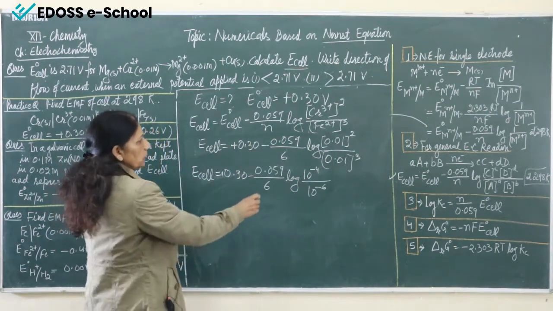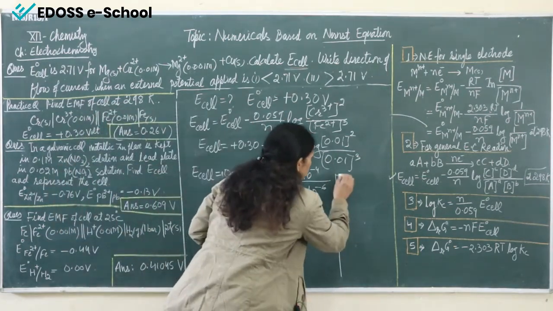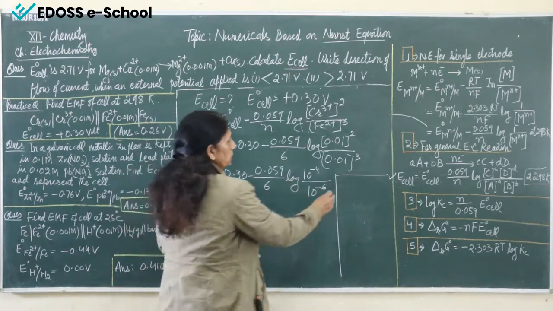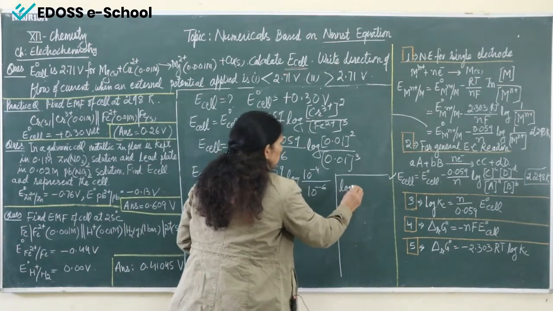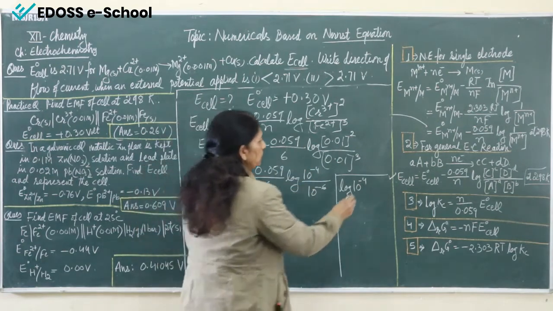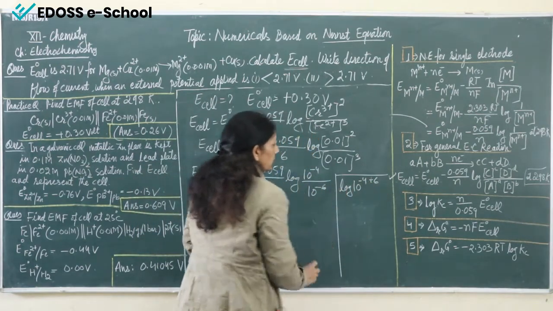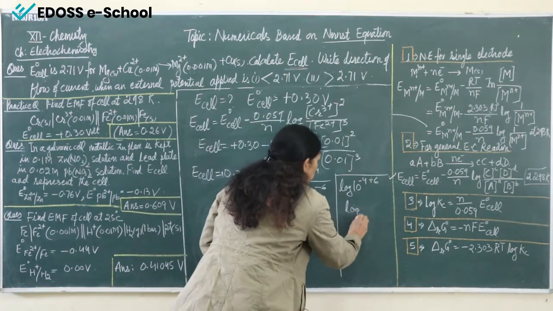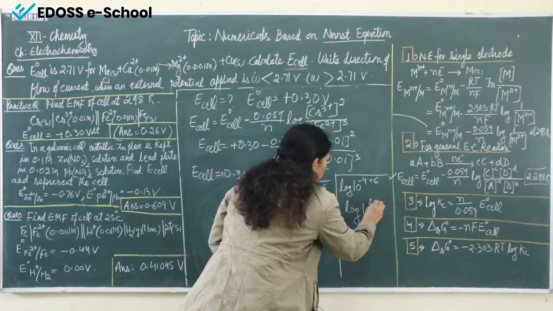Okay. So how we will solve this equation? This log, now see here, log 10 raised to power minus 4, and this will come up, so this will be plus 6. So this will be log 10 raised to power 2.